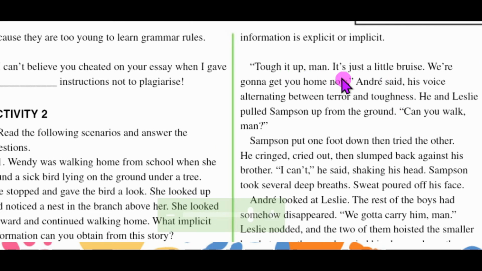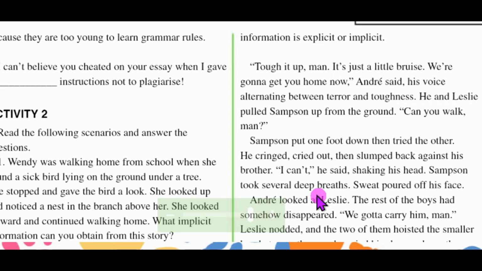Tough it up, man. It's just a little bruise. We're going to get you home now, Andre said, his voice alternating between terror and toughness. He and Leslie pulled Samson up from the ground. Can you walk, man? Samson put one foot down and then tried the other. He cringed, cried out, and then slumped back against his brother. I can't, he said, shaking his head.